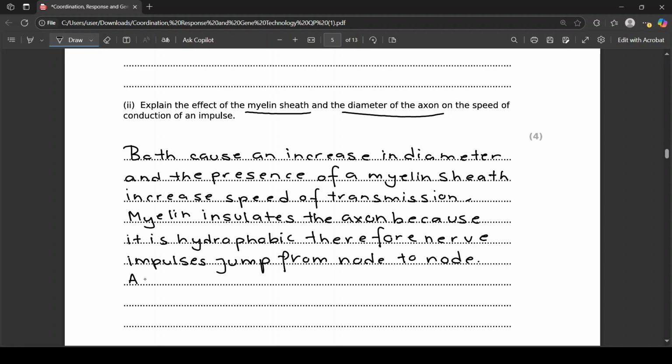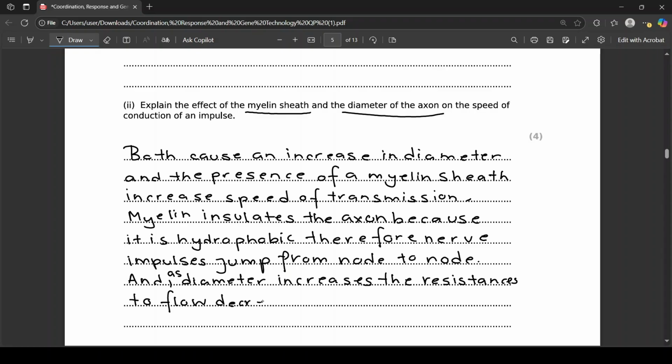And finally, diameter increases the resistance, and as diameter increases the resistance to flow decreases.